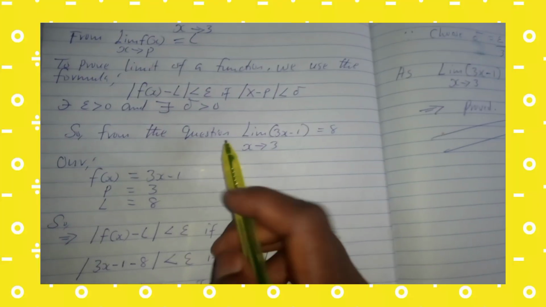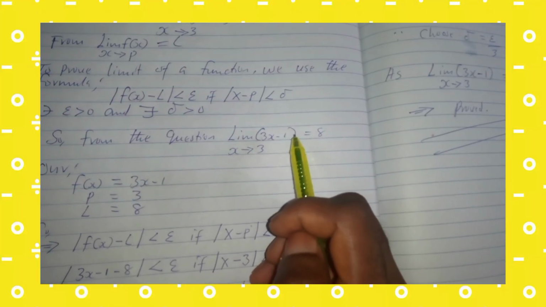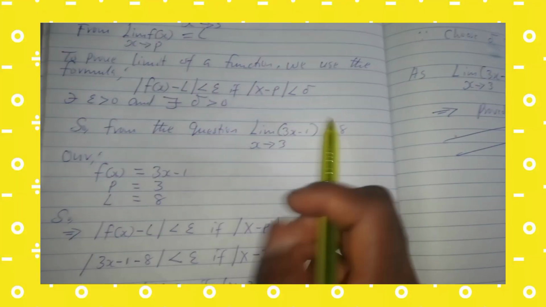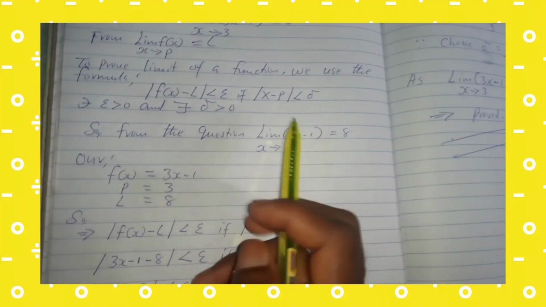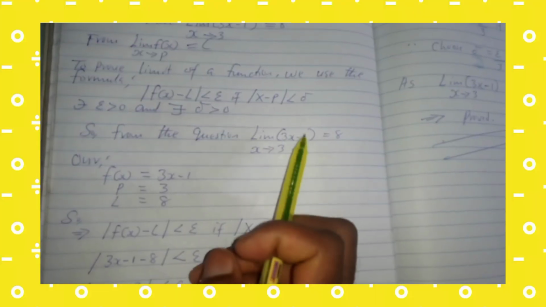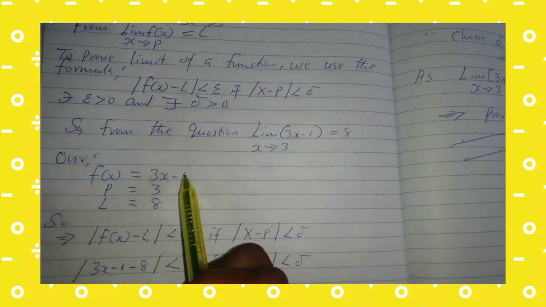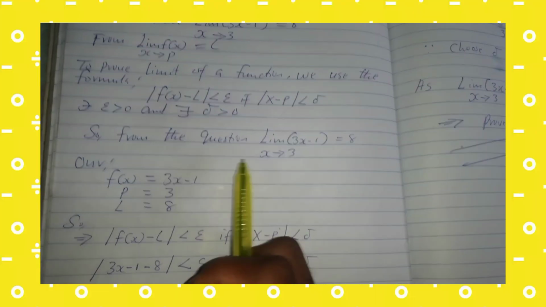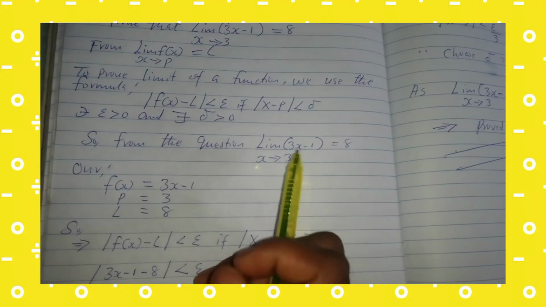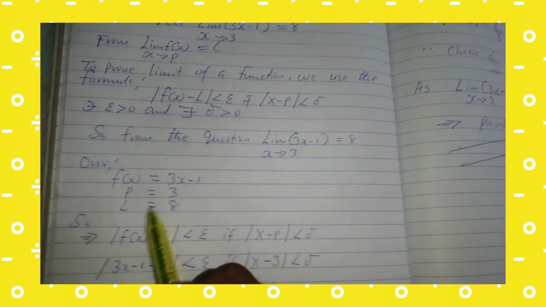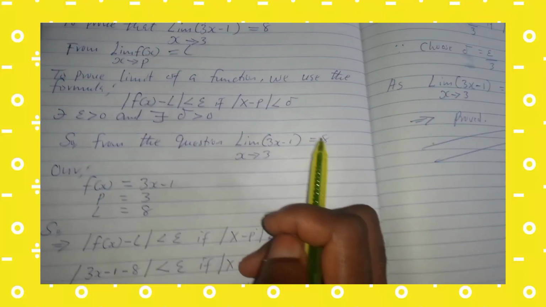From the question, we have the limit of 3x minus 1 as x tends to 3 equals 8. Our f of x is 3x minus 1 and our point p is 3. Our n is 8.